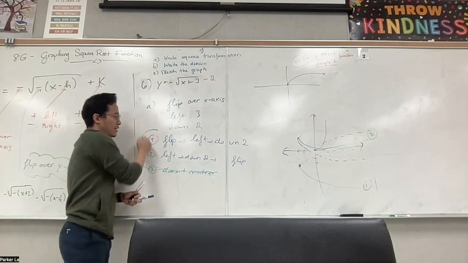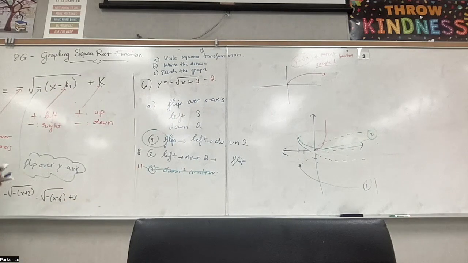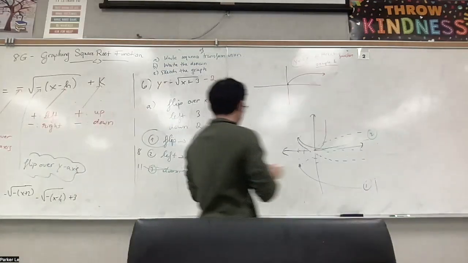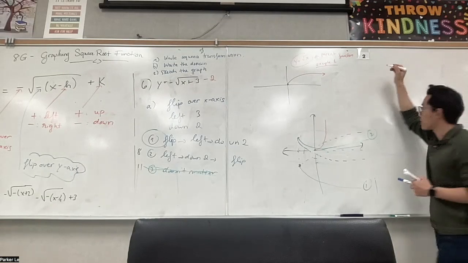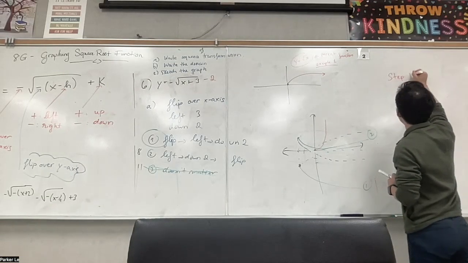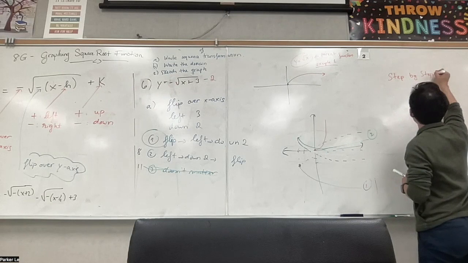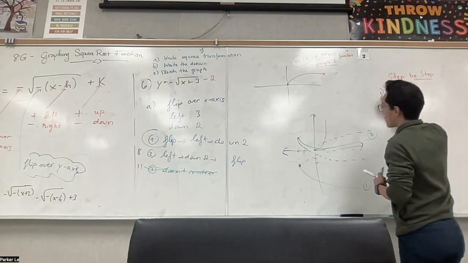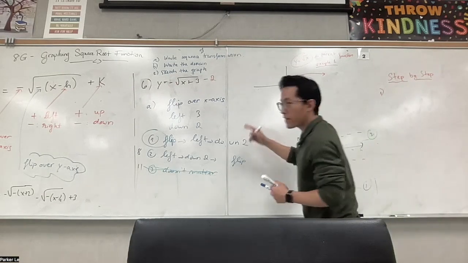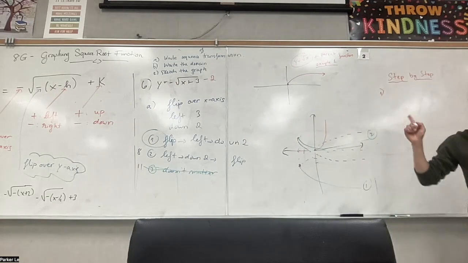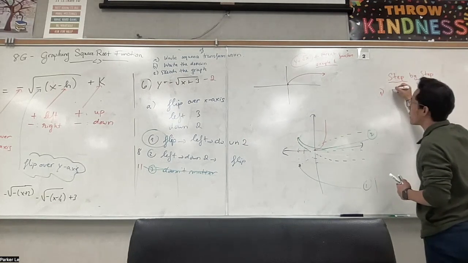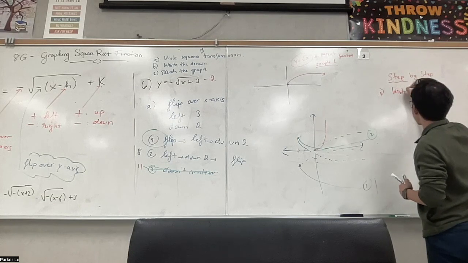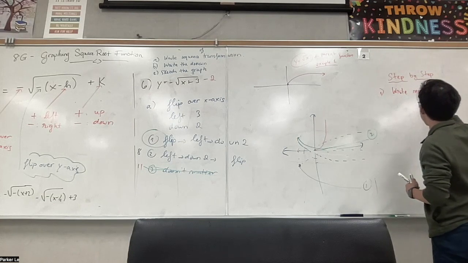Yeah. So let's write down a step by step. Do you want step by step? Okay. So always flip first, but I'm going to add into the step by step for you. So first step is write sequence of transformation.